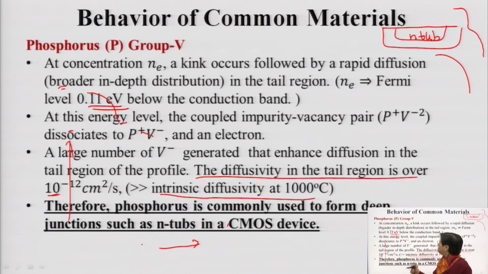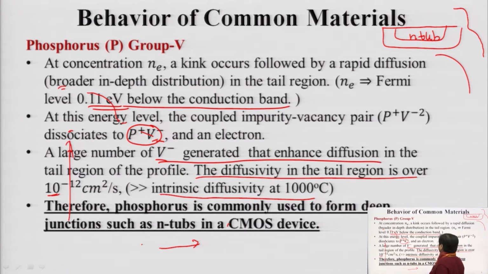Now, what happens at this point of time where the species start dissociating? When the dissociation happens, rather than doubly charged species, they get converted into singly charged species, and large numbers of these V minus get generated, and thereby these can penetrate further deeper into the substrate, creating a tail region.